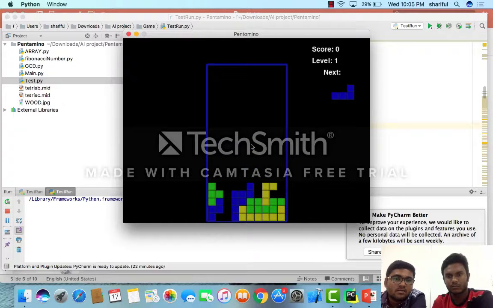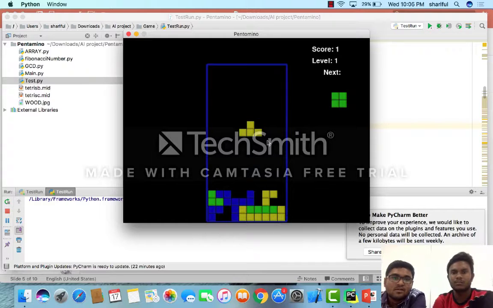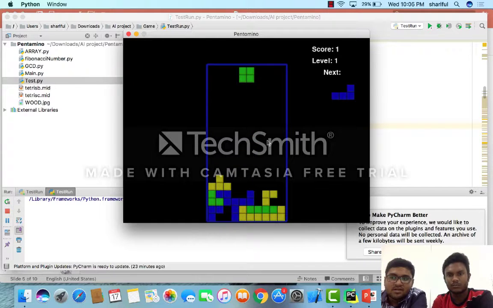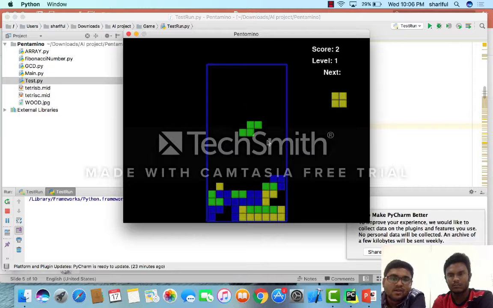Now, brother Sam just gained a point, and the bottom one disappeared. And the game continues. Okay, let's see where he fills the next shape. Another point for brother Sam.